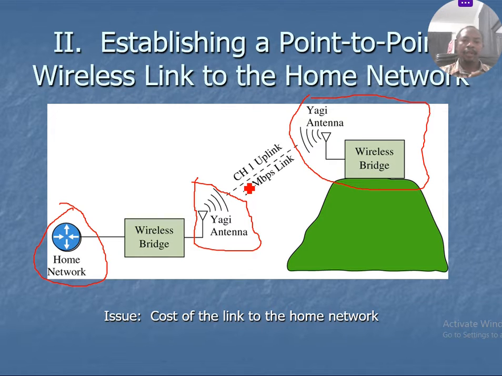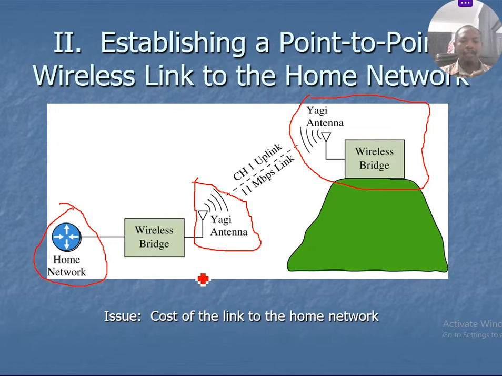Now, you can see channel 1 uplink is already established, and it's 11 megabit per second, which means it's IEEE 802.11b, the standard that we're using in this regard. Okay.